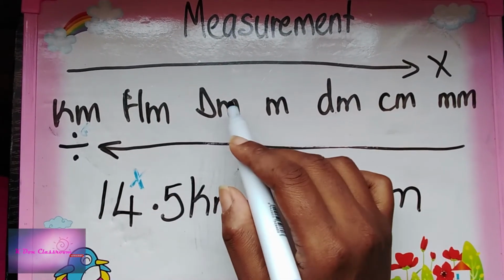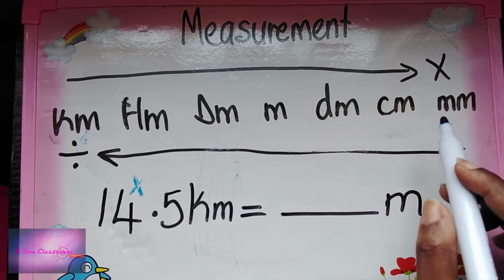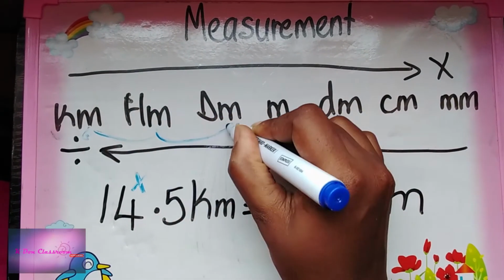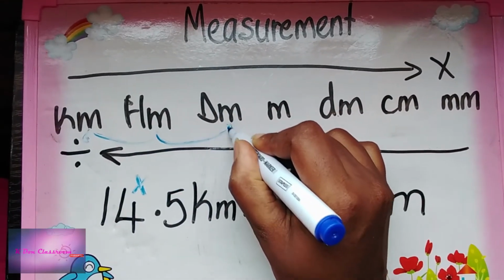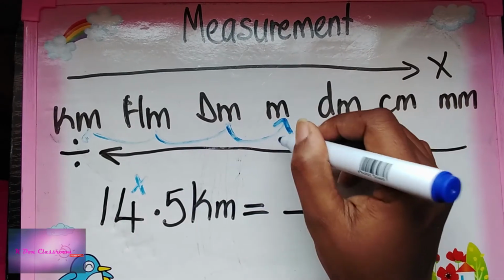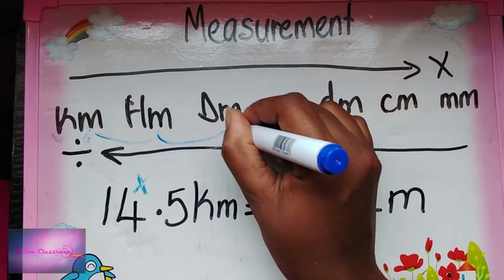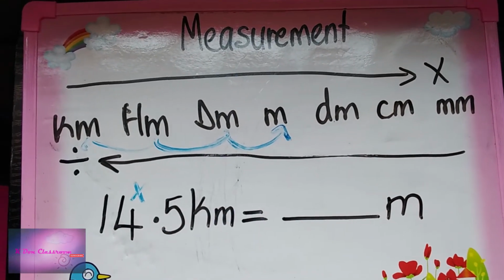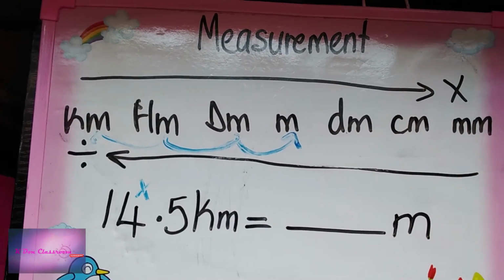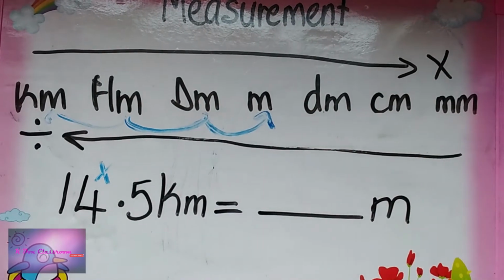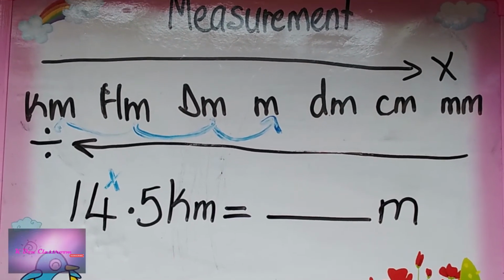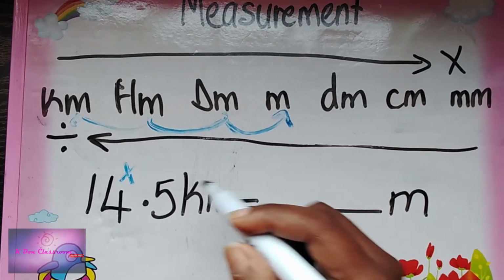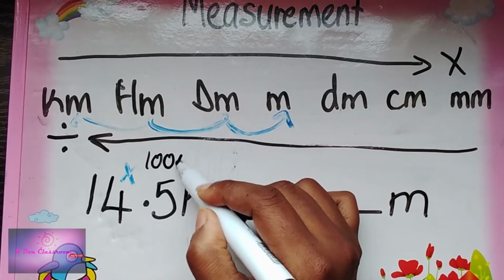Now, how many spaces will I need to move to get to meter? I go 1, stop at hm, 2, stop at Dm, and then 3, I am now at meters. So I traveled 3 spaces in order to get to meter. Which power of 10 has 3 zeros? That's right, 1000.